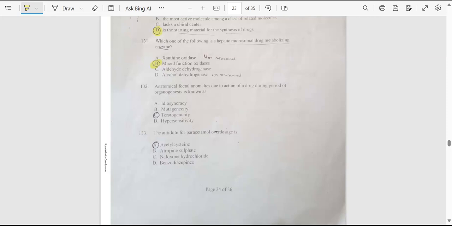It catalyzes the conversion of hypoxanthine to xanthine, and xanthine to uric acid.